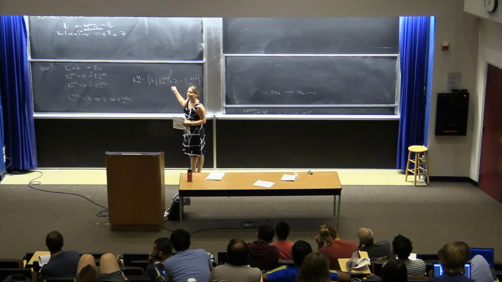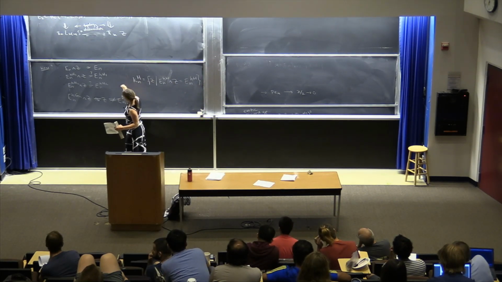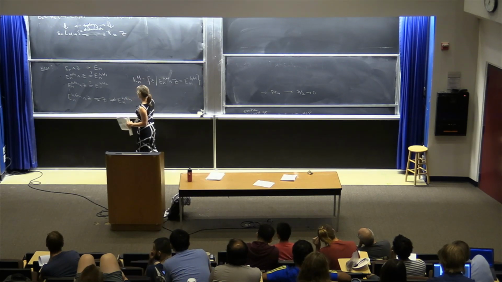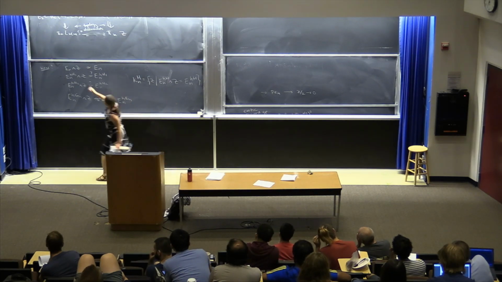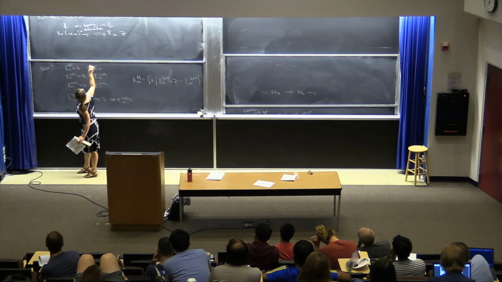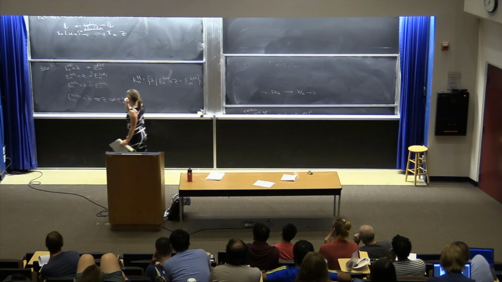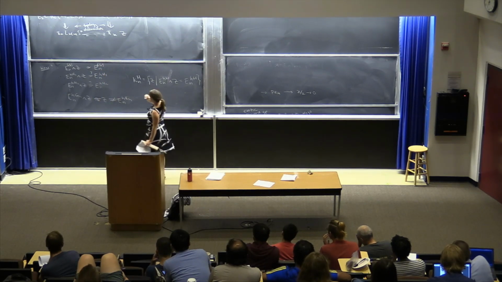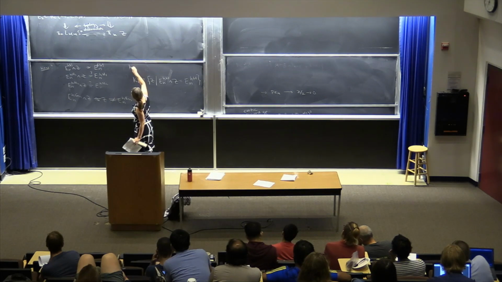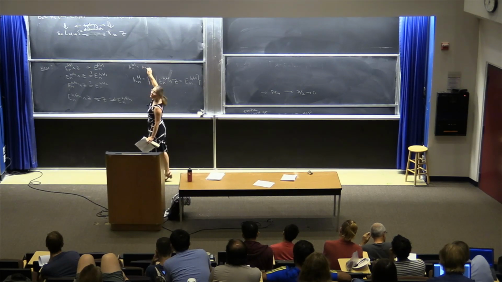Doesn't distinguish Z from the sphere. Okay, so let's see. So this is fixed under the action of the trivial group, right? En is that. And so kappa n trivial group is the whole kappa n.